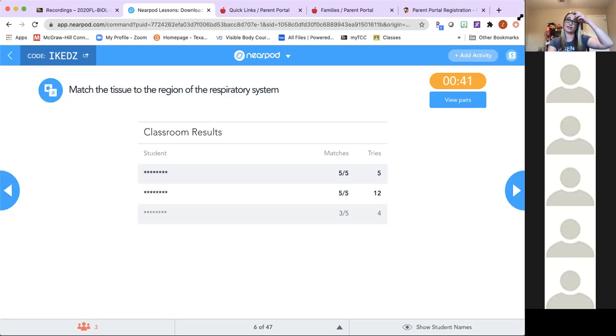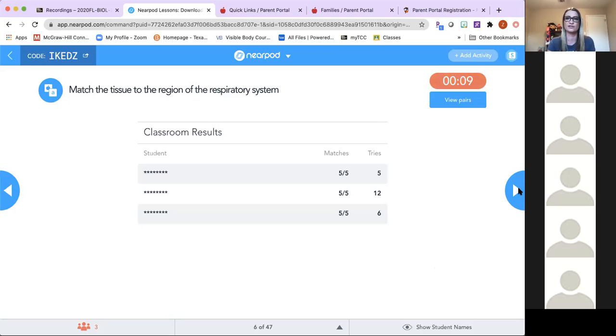And it doesn't let you make a wrong match. If it's a wrong match, then you can just keep trying. But it's a way that you're connecting the different types of tissues with different structures. So in the one that's self-paced that I uploaded, it is actually narrated, and I'm going to be pretty close to what I'm saying here. And you can redo these activities again if you would like.